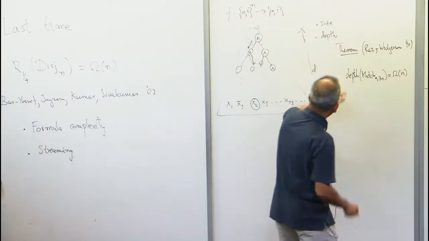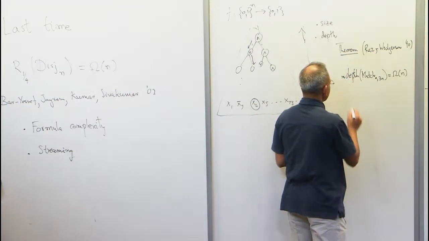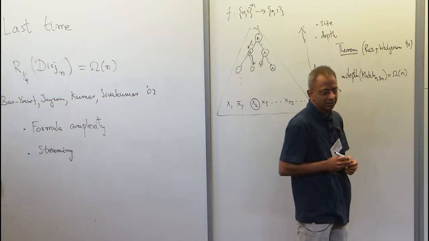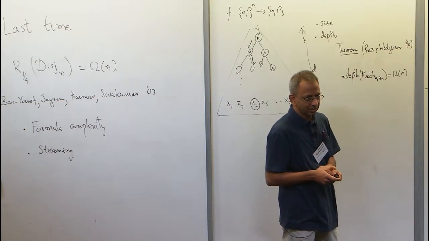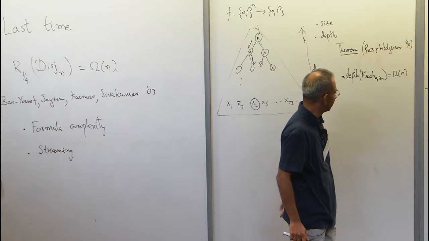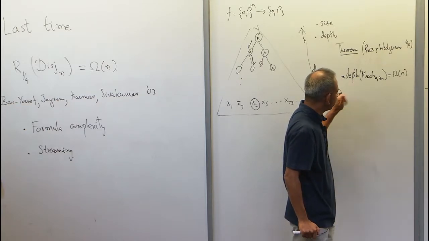So we'll show the monotone depth of matching is omega n. Okay. And how will we show this?